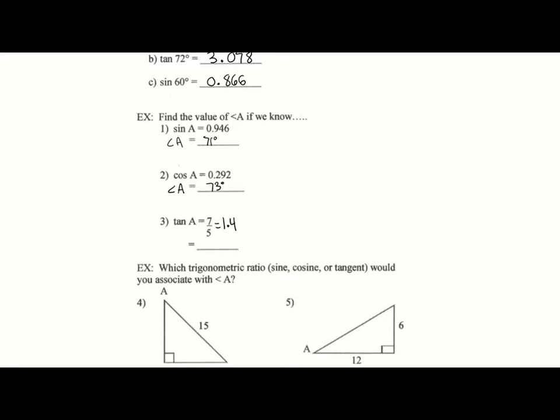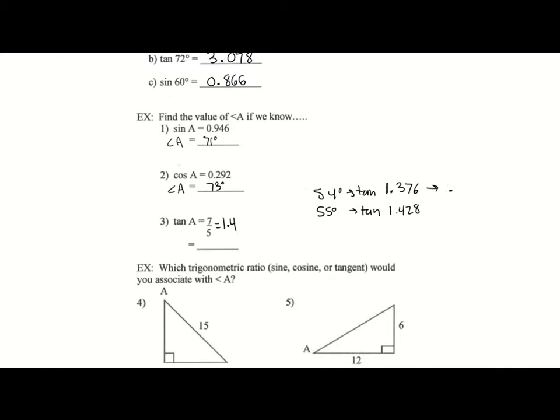So actually we have 55 degrees is tangent. We got 1.428. And then 54 degrees, the tangent column, we see 1.376. So I want to see which one is closest to 1.4.